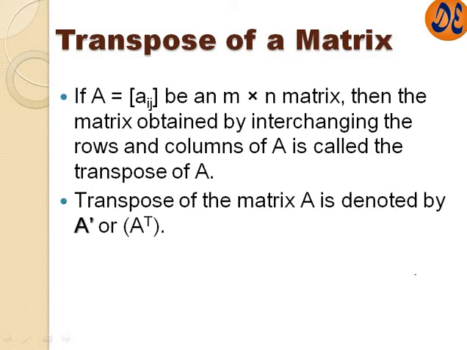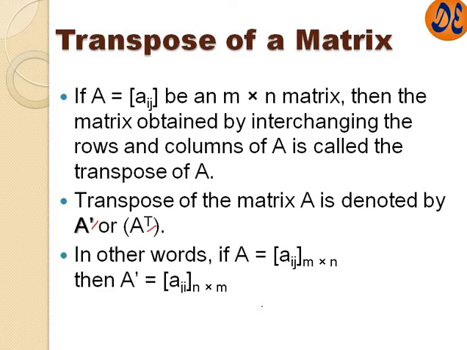matrix. In other way we can see, we denote transpose of matrix by writing a dash, or we can write T at the top to denote the transpose of matrix A. In other words, if A is equal to [aij], where A is m into n matrix, then A dash, that is transpose of A, will be [aji].